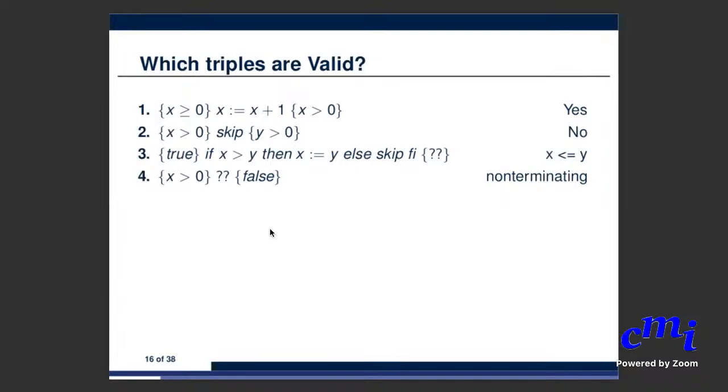And since now I require that the postcondition be false, and false does not satisfy any state, therefore, in this partial correctness, this can only be non-terminating, okay? If it's non-terminating, then you can never get there, and therefore it could be anything.